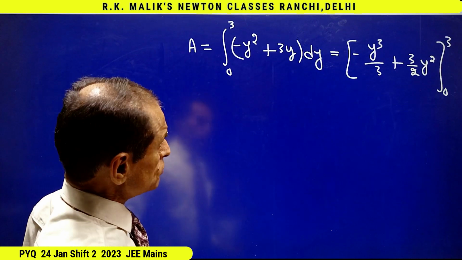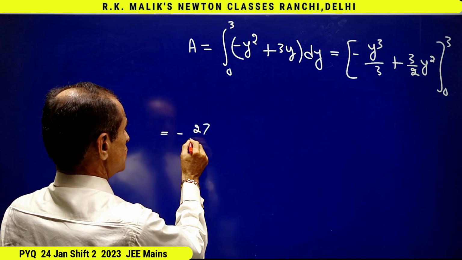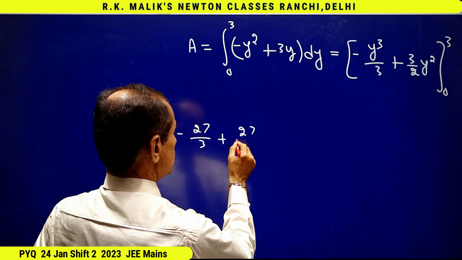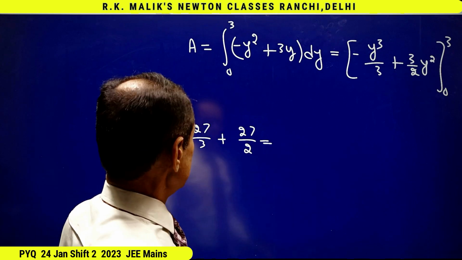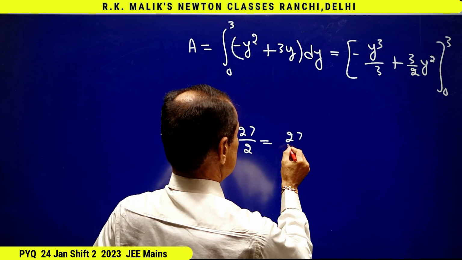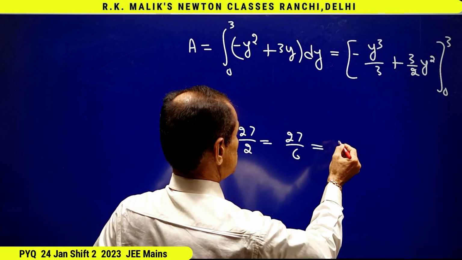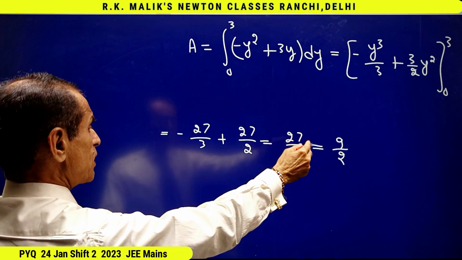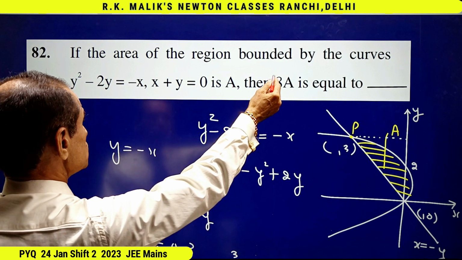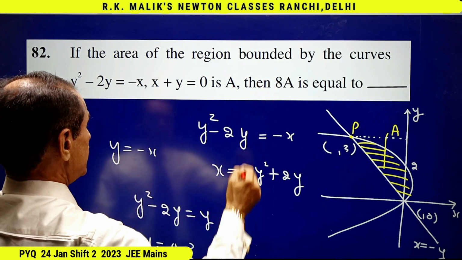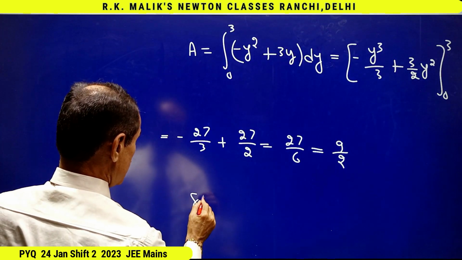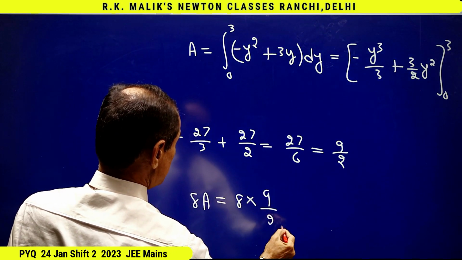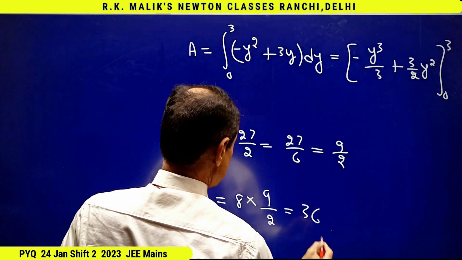This is equal to minus 27 by 3 plus 27 by 2, that is 27 by 6, that is 9 by 2, and therefore the value of capital A is 9 by 2. Because you have to find the value of 8A, the value of 8A will become 8 into 9 by 2, that is 36.